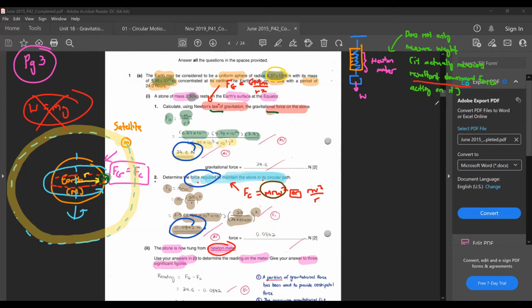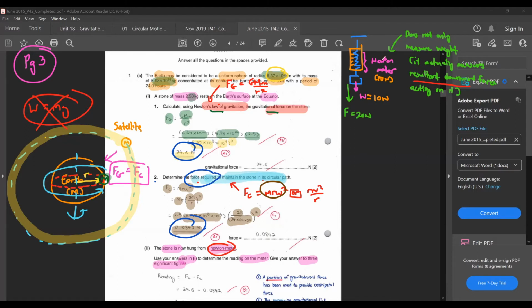What I mean by that is this. You see, if, say for example, I tell you that the weight that you hung right now is 10 Newton, your Newton meter will give you a value of 10 Newton. But what if somehow, when you are hanging the weight of 10 Newton, you suddenly decide to use your hand to pull down onto the weight and you apply a force of say maybe 20 Newton.